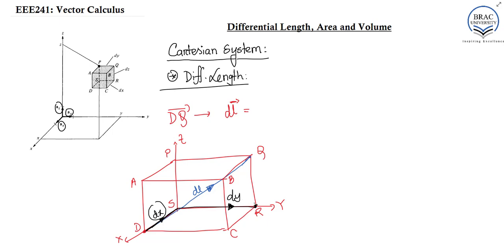And starting from R, you go along the z direction to get to the Q point by covering a distance equal to dz. So this dx, this dy, and this dz are the components that make up dl. Since dl is a 3D vector, we can break it down into three components, so dl can be written as the sum of its three components.